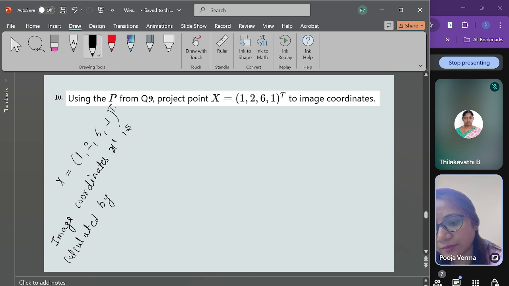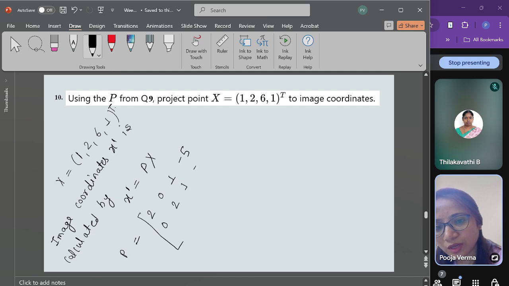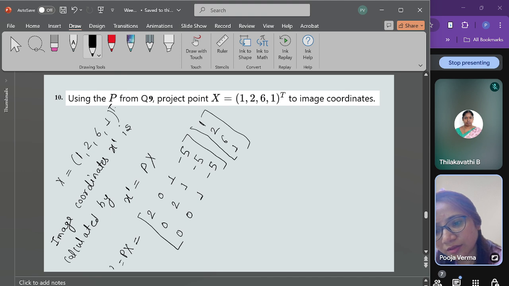X dash is equal to P into the projected point. The projection matrix we have calculated previously, so it is 2 0 1 minus 5, 0 2 1 minus 5, 0 0 1 minus 5, and X is also given, 1 2 6 1. P into X. Now can you calculate this matrix product and let me know the values?